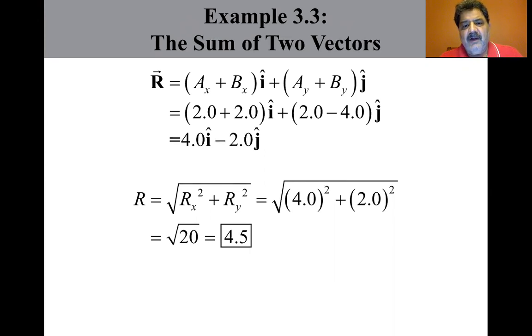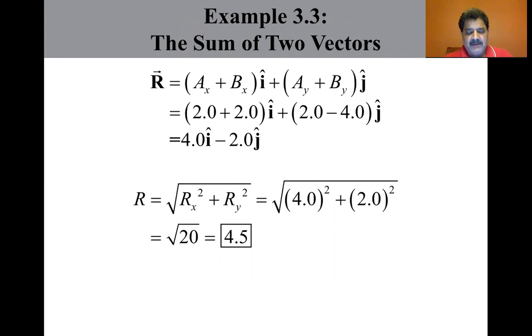So 4 squared plus, it should be a minus 2, but when you square it, the minus will leave. So you get 16 plus 4. This is the square root of 20. And the square root of 20 is 4.5. So that's the magnitude.